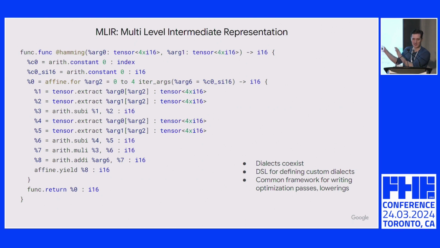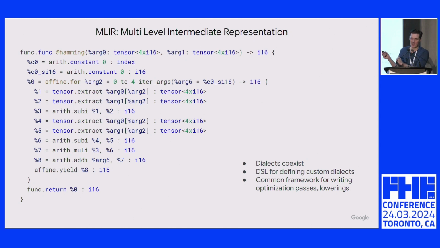You don't need to understand all of the stuff that's happening in this slide. I made some last-minute changes that did not make it into this slide, but we'll go with this. This is a Hamming distance function that subtracts two vectors, squares them, and sums up the result to get a distance.